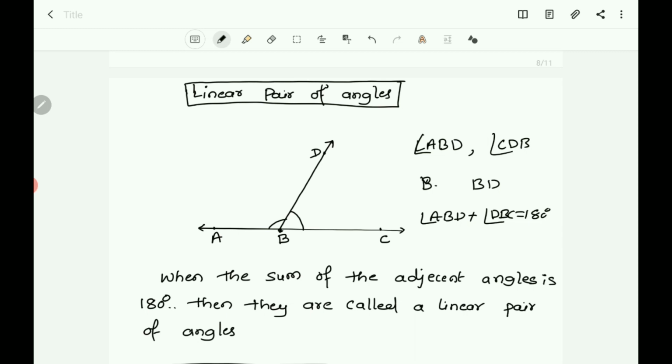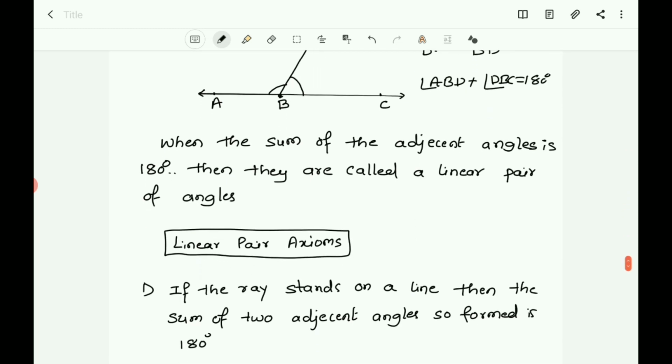First condition, they are adjacent angles. Second, their sum is equal to 180 degrees. Then they are called a linear pair of angles. Two adjacent angles are said to be a linear pair if their sum is 180 degrees, meaning they are supplementary here.